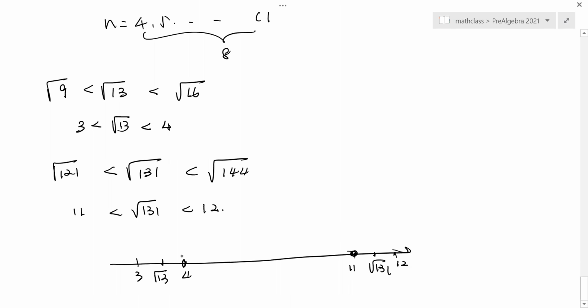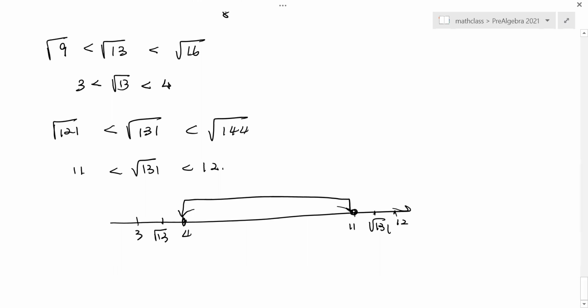You only consider integers from 4 through 11, because the irrational numbers lie between 3 and 4, and around 11. I think this method is sometimes better if we have to deal with larger numbers.